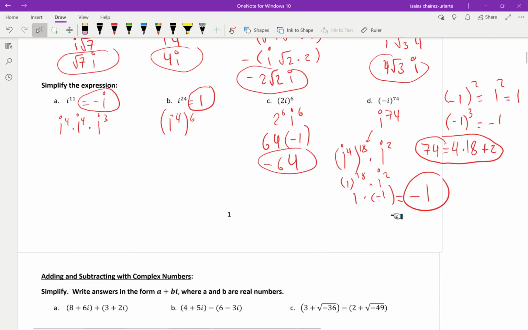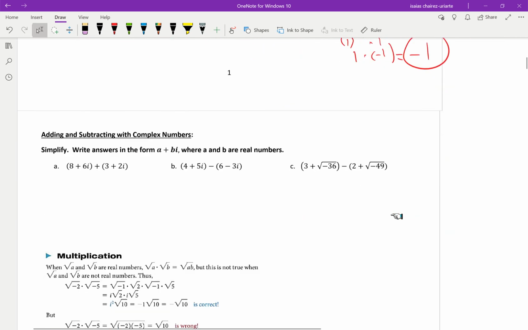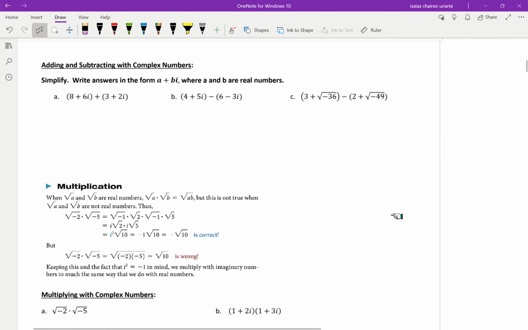Let's get into another exercise. Let's add and subtract some complex numbers. So let's finally get a little bit into the arithmetic of complex numbers. So far what we've been doing is just simplifying them, but now let's actually do some arithmetic.